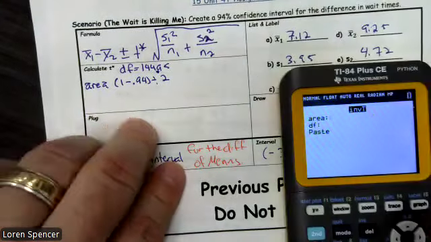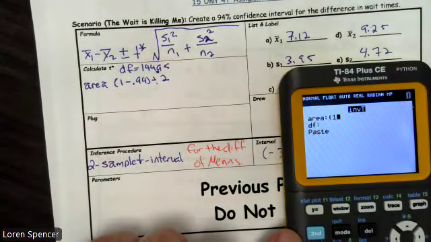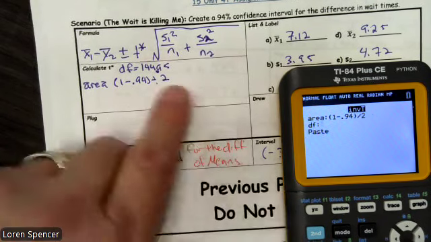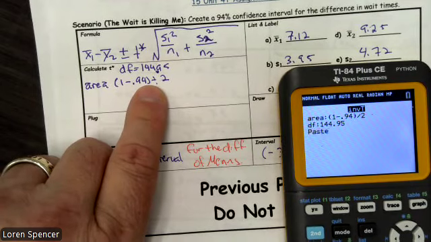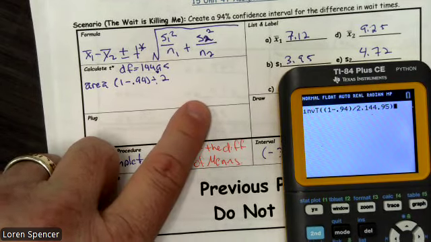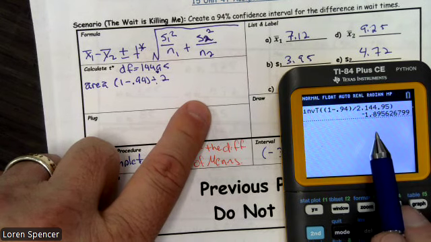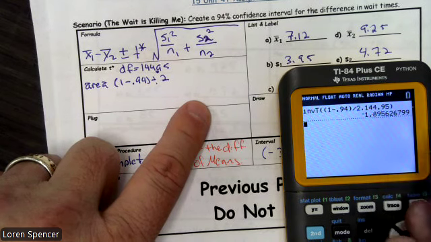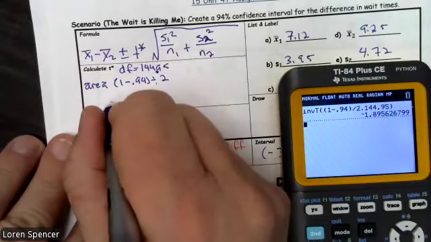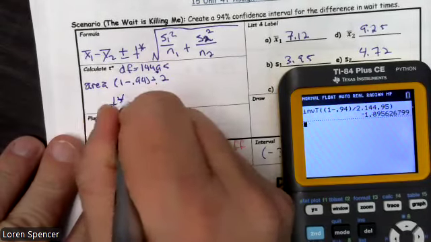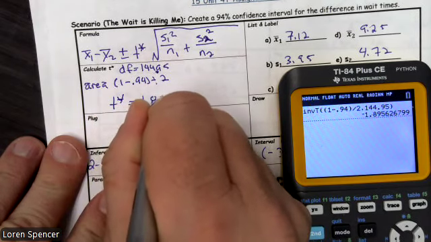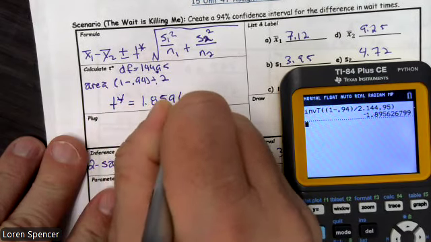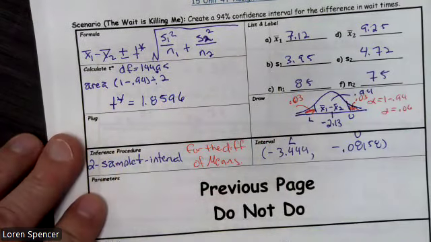Let's plug that in: parenthesis 1 minus 0.94, close parenthesis, divided by 2, degrees of freedom 144.95. I end up getting a t star value of negative 1.8596. Please make it positive. So t star is 1.8596. And now I can go ahead and plug into the formula.